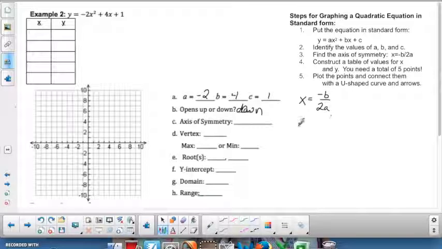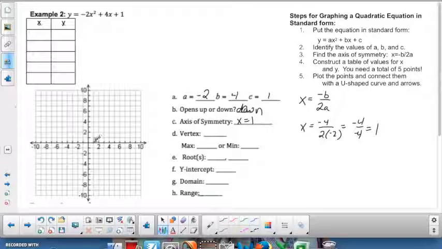We know that b is 4, so b is going to be -4 over 2 times -2. Okay, 2 times -2 is -4, so I have -4 over -4, and -4 divided by -4 is 1. So my axis of symmetry is x equals 1.